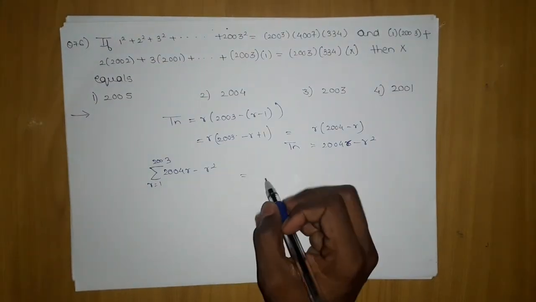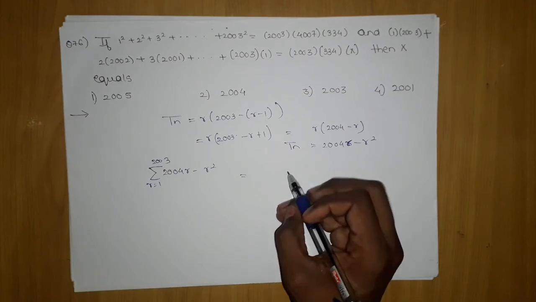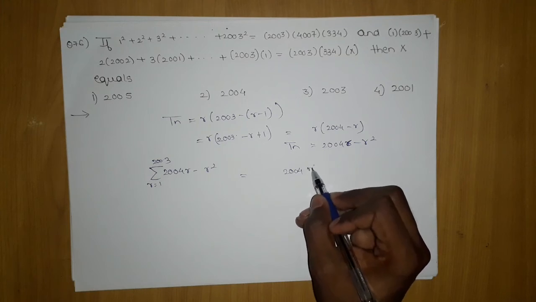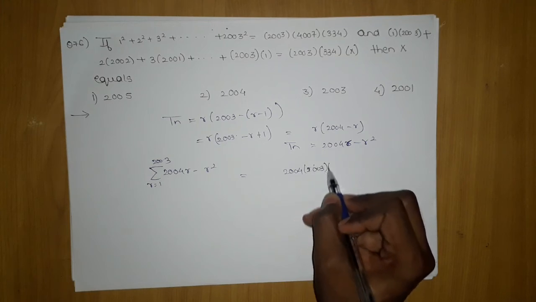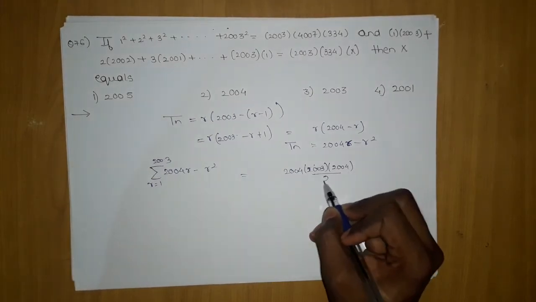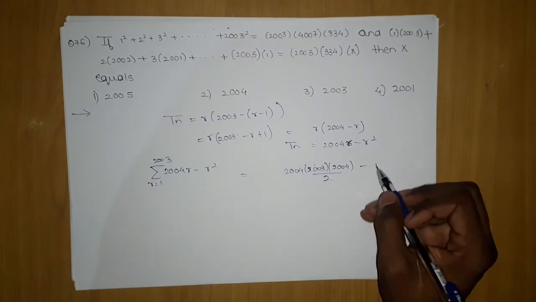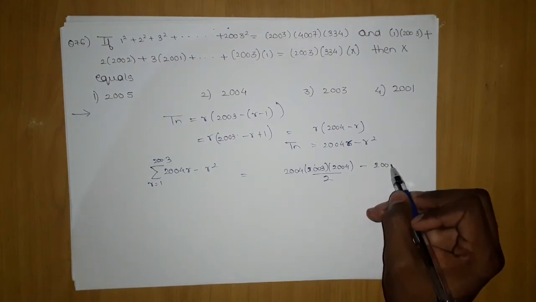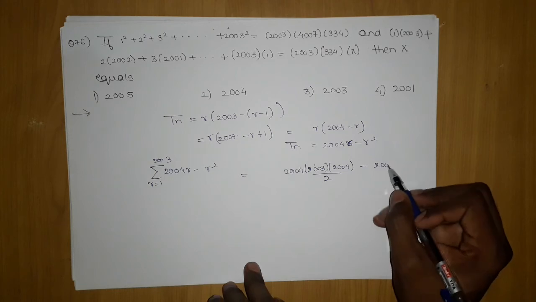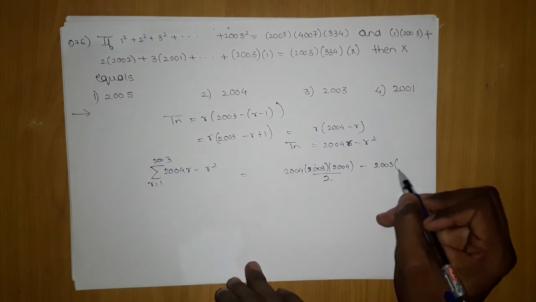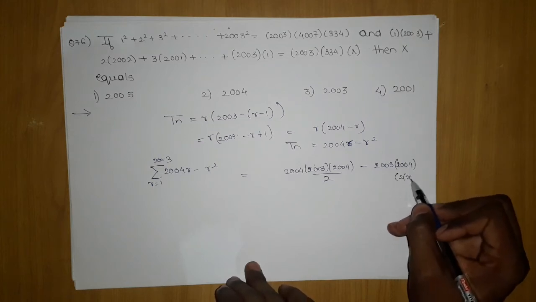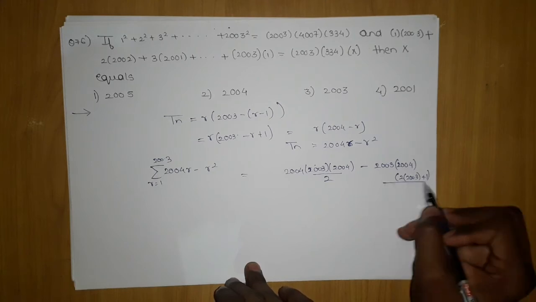So what we are getting is 2004 into 2003 into 2004 by 2, and here it is nothing but 2000, and 2000 and into n plus 1 into 2n plus 1 upon 6.